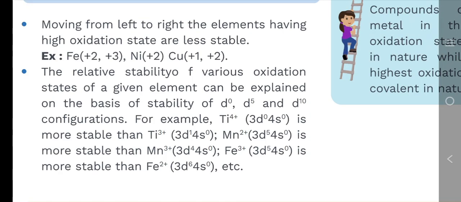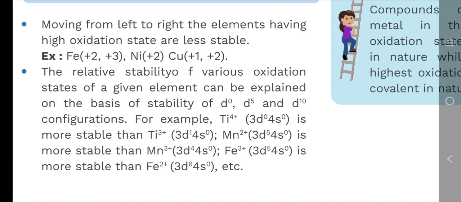Moving from left to right, the elements having high oxidation states are less stable. For example, Fe shows +2 and +3 variable oxidation states. The relative stability of various oxidation states of a given element can be explained on the basis of stability of d when having no electrons, when d is half filled and when d is fully filled, meaning d0, d5 and d10 configurations.